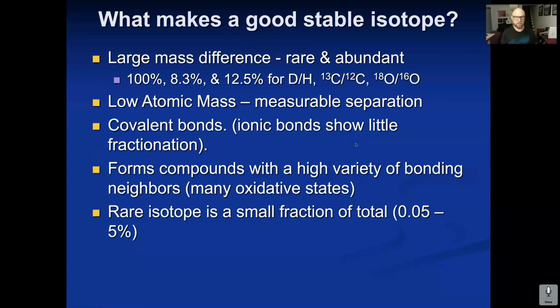Now, some things to think about: what makes a good stable isotope. I should have one more slide about stable and non-stable isotopes. We've all heard of radioactive carbon, or C14. C14 is not stable. It's breaking down over time because there are too many neutrons relative to the protons for it to be stable, and so it gives off radiation as that carbon atom breaks down.